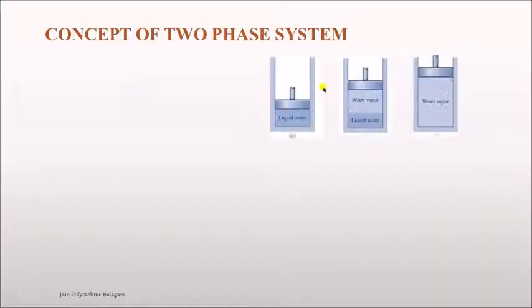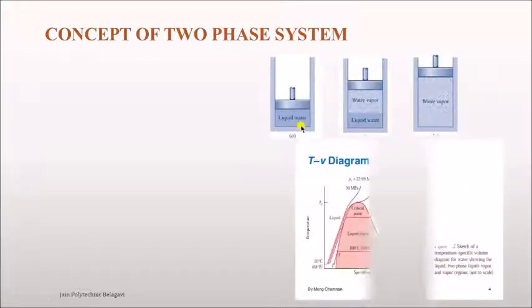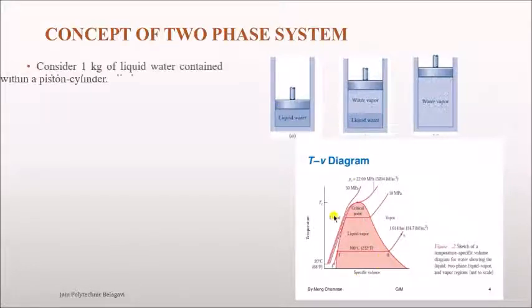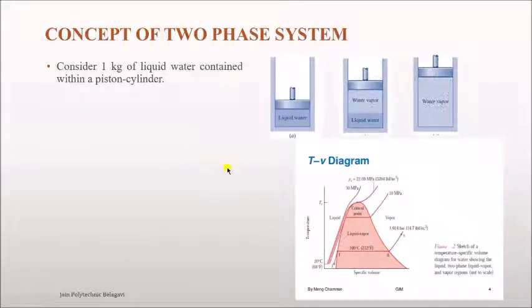Now consider a piston and cylinder arrangement. The piston is free to move inside this cylinder, so whenever water is heated, it expands and the piston moves. Below you can see a T-v diagram, that is, a temperature and specific volume diagram. We'll be explaining this two-phase system using this diagram. Now consider 1 kg of liquid water contained within a piston and cylinder arrangement.